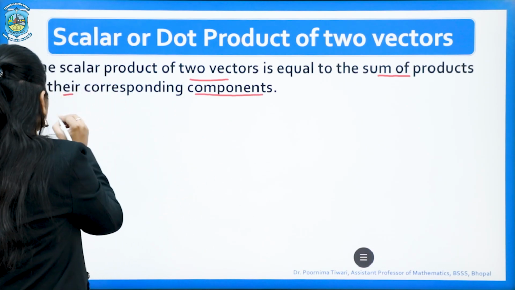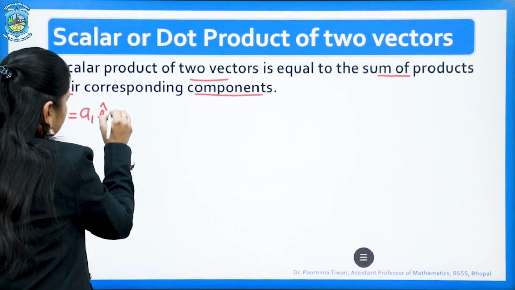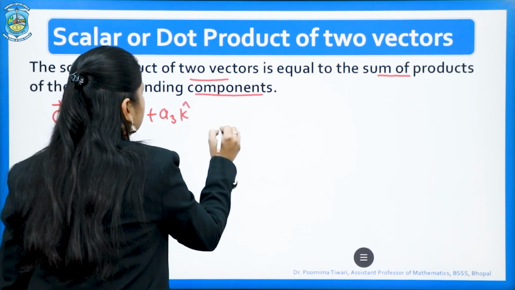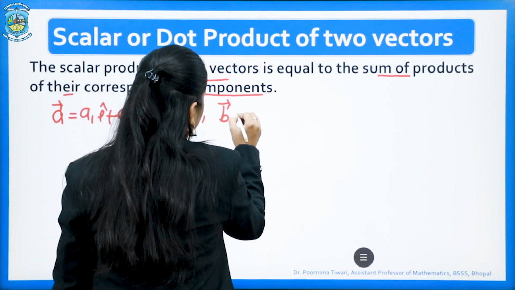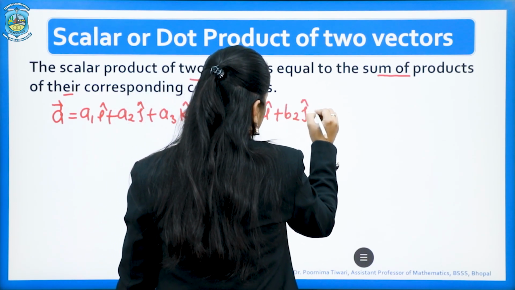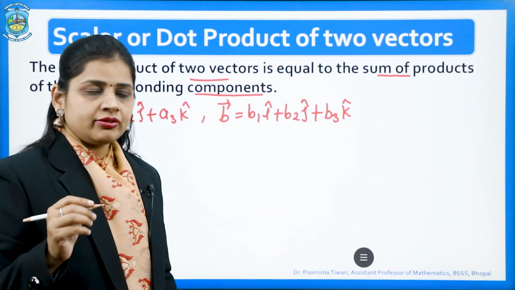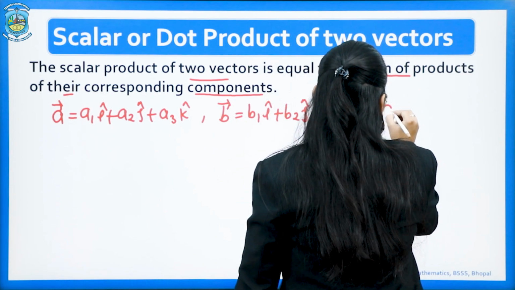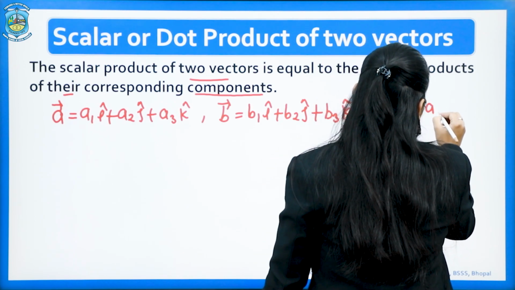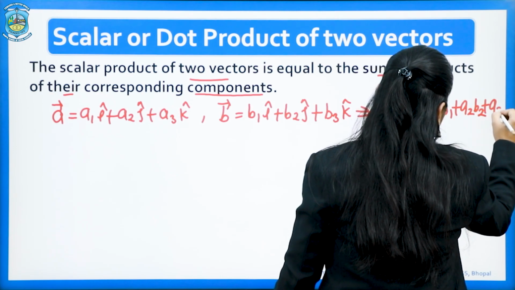That is, if vector A, which is a1 i cap plus a2 j cap plus a3 k cap, and vector B, which is b1 i cap plus b2 j cap plus b3 k cap, be the given vectors, then A dot B is a1 b1 plus a2 b2 plus a3 b3.